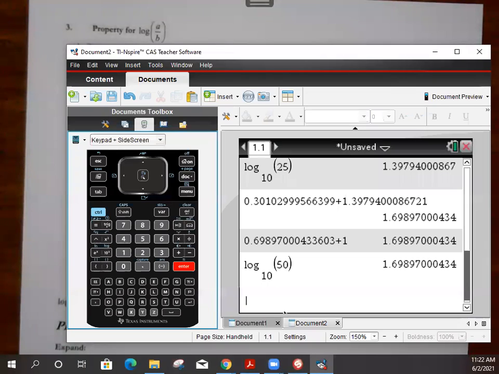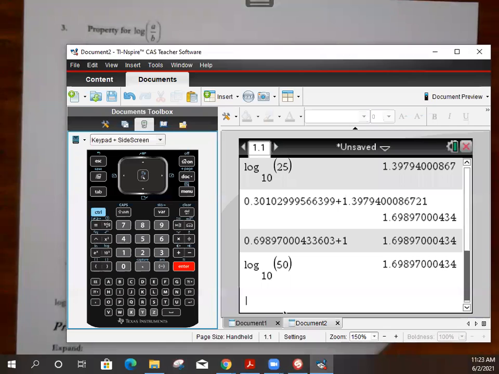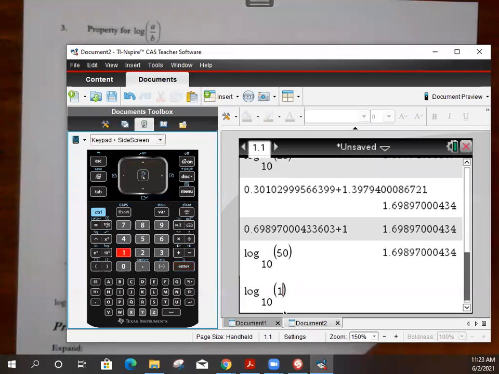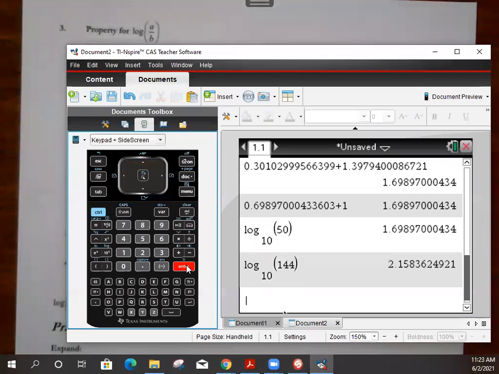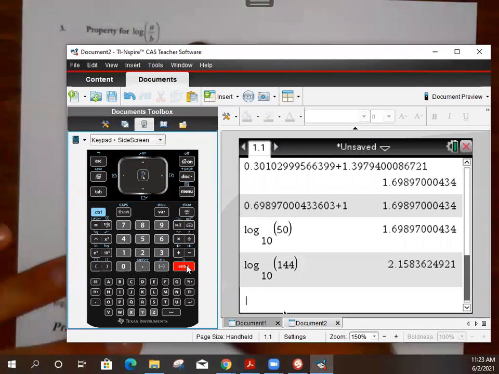All right, log of 144. So it's base 10. So we're going to go log base 10, 144. We'll write these down. That comes out, let me guess, ready? 2.26. Ooh, close. 2.158.